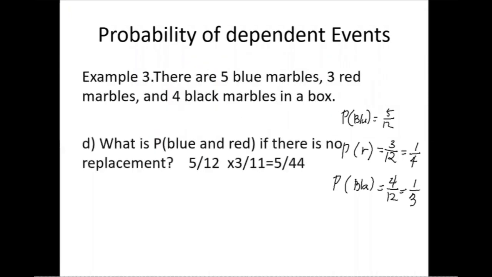Next, what is the probability of blue and red if there is no replacement? So, ito ang sagot natin dyan. 5 over 12 times 3 over 11, or 5 over 44. Okay, check natin yan.